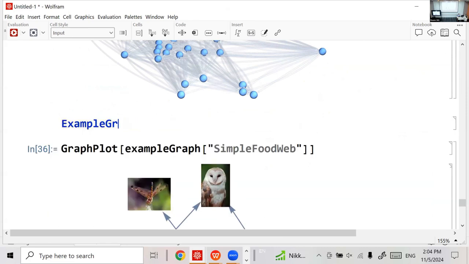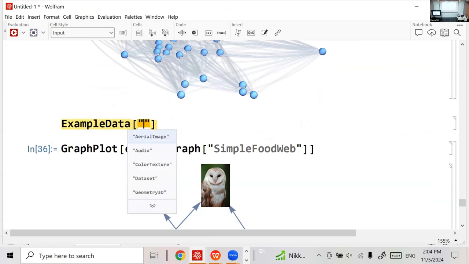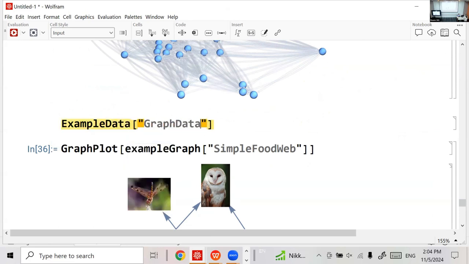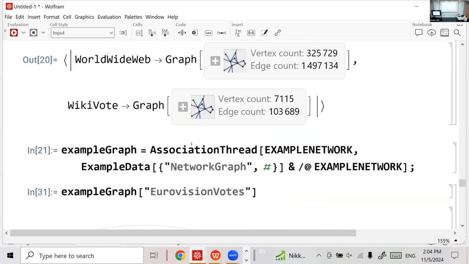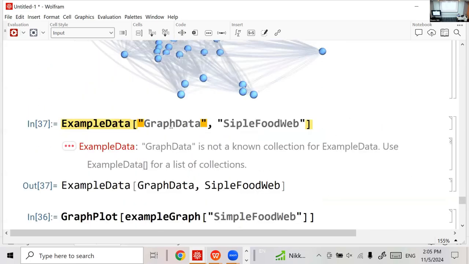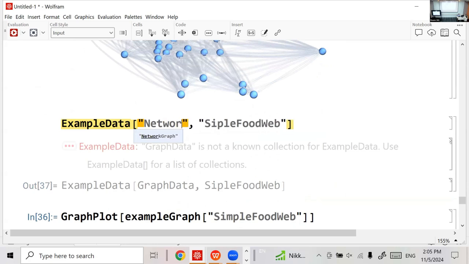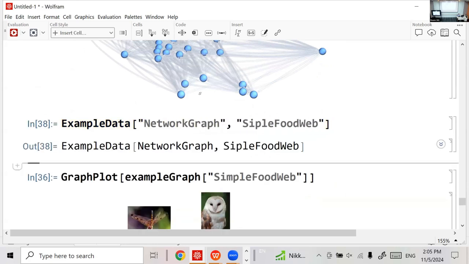And then, oh, sorry, example data, graph, data, and simple food web. It's the same thing, right? Oops. Example graph, not graph data, network graph, sorry. Okay.